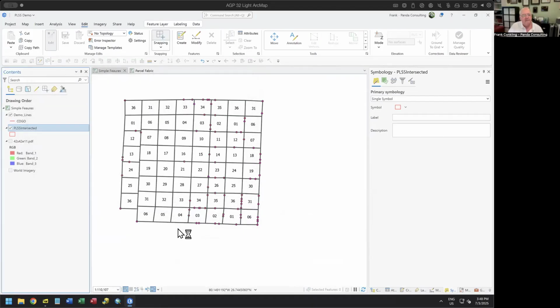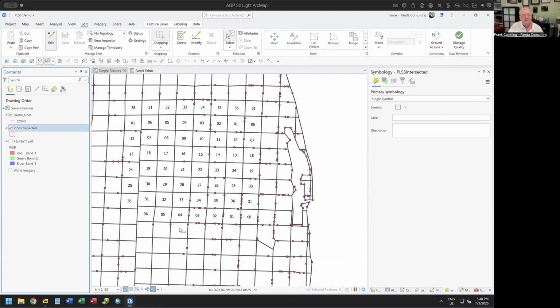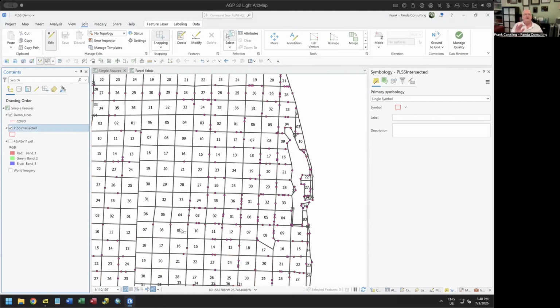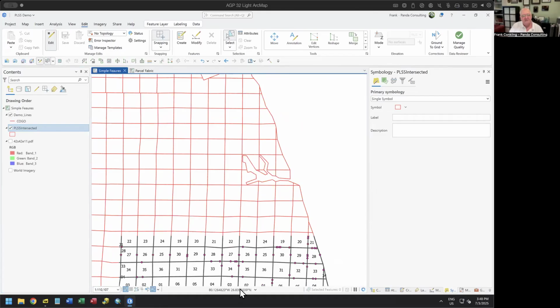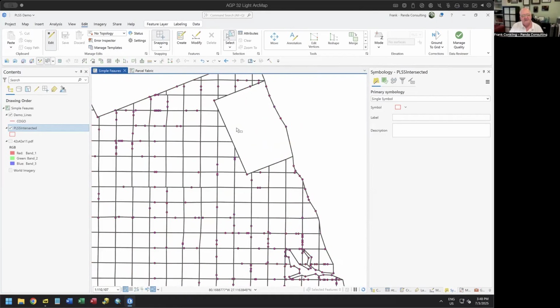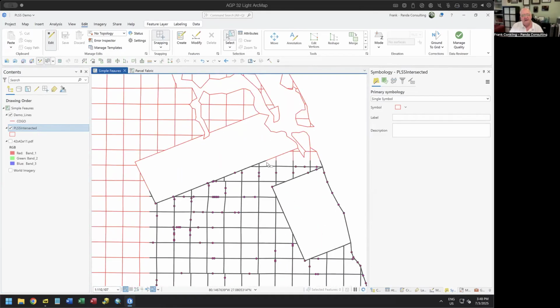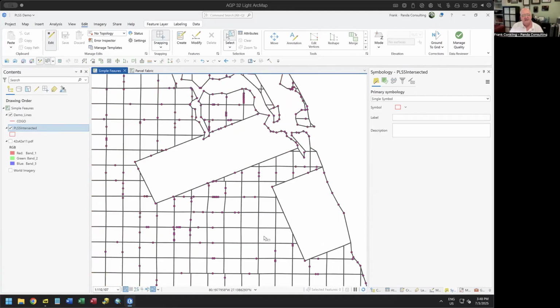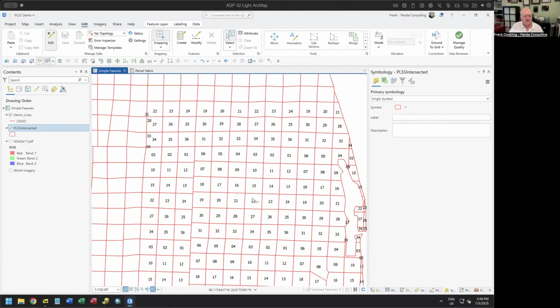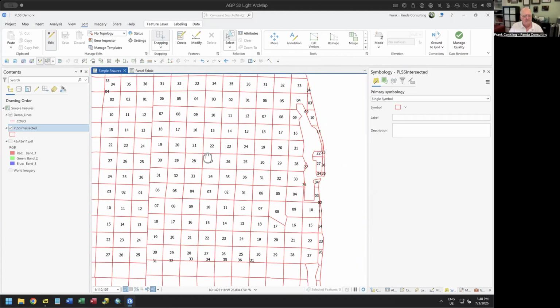This is the entirety of the data, the Labens data for Florida. It gives me the entire sectional breakdown inside of Florida. We've got all sorts of anomalies here. This is a Spanish land grant, and this is another Spanish land grant in here. So we've got all sorts of weird things going on.